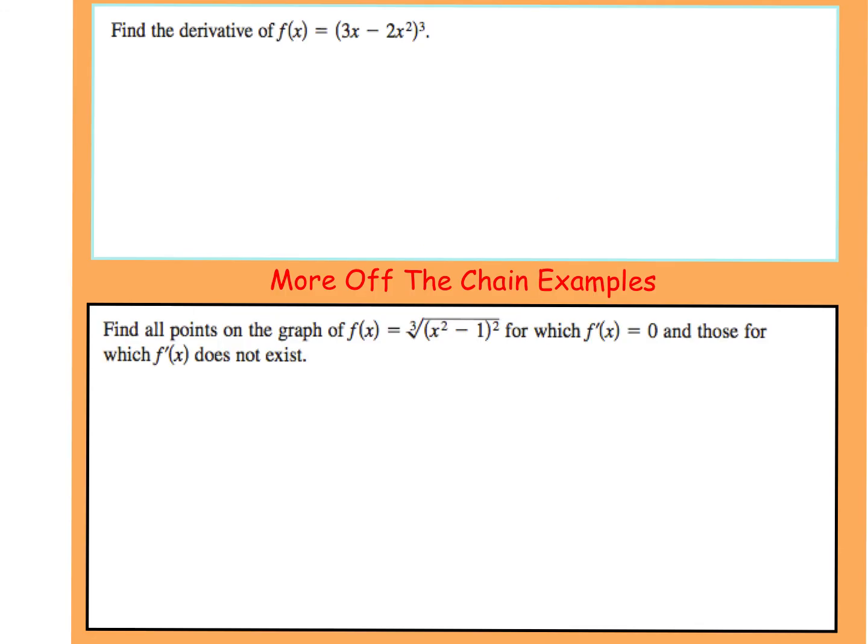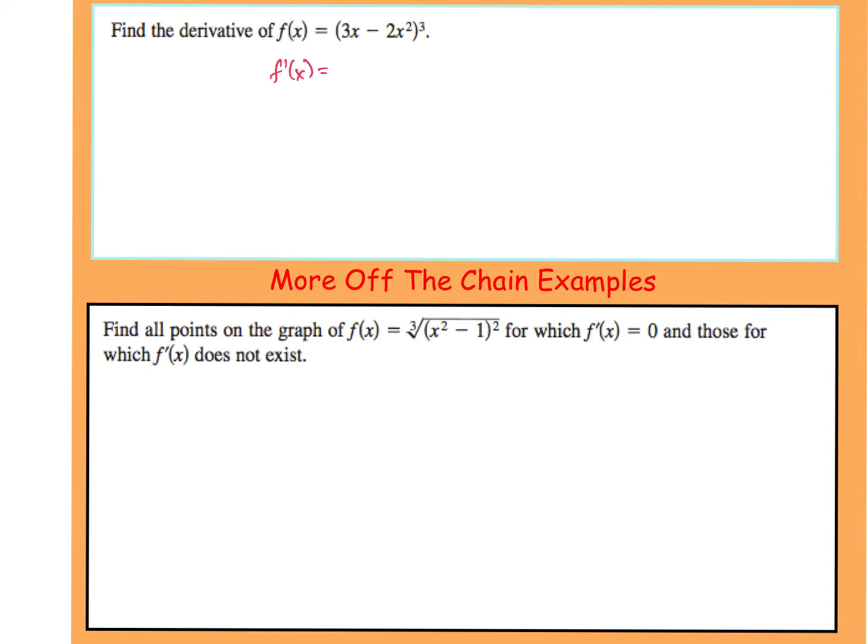So now I have f of x is equal to the quantity (3x minus 2x squared) cubed. So how do I notate taking a derivative? F prime. So my outer function is really u cubed, right?